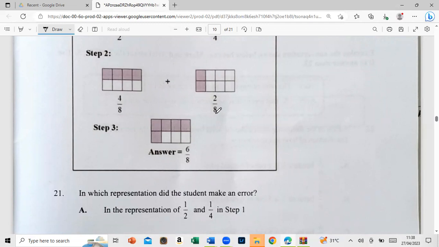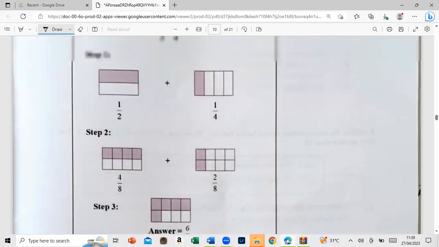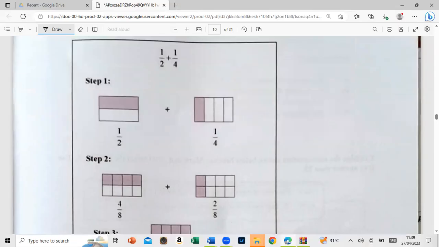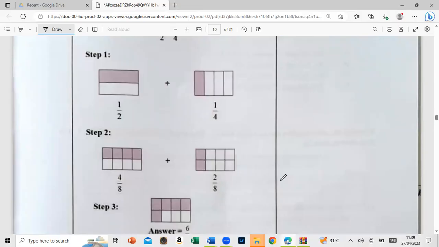Okay, so let us see. You're supposed to get 3/4, right? So step one, a half plus a quarter, that is correct. Step two, this is a half, this is a quarter.